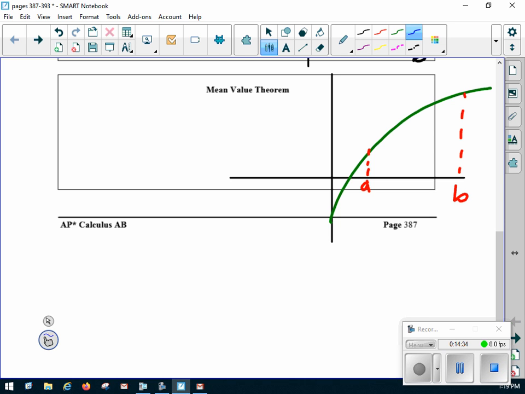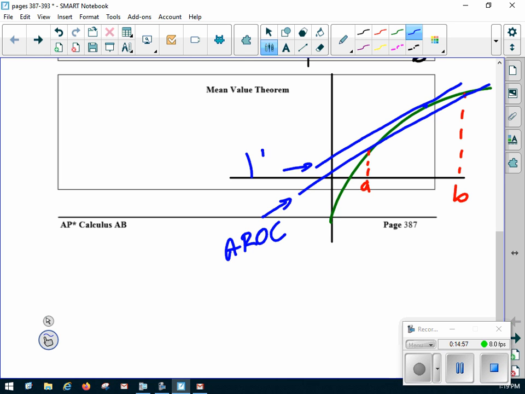Then the mean value theorem says there is some point between A and B where the slope of the tangent line is equal to the slope of the secant line. This one is the secant line.